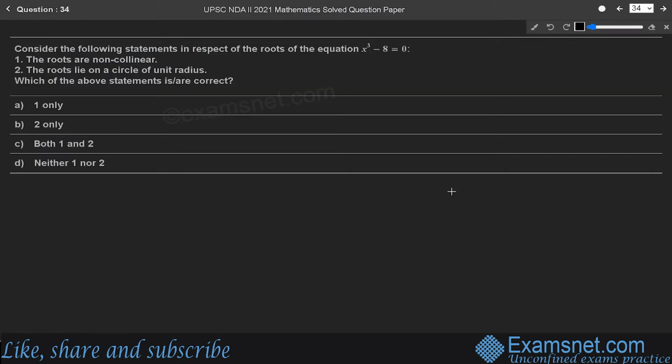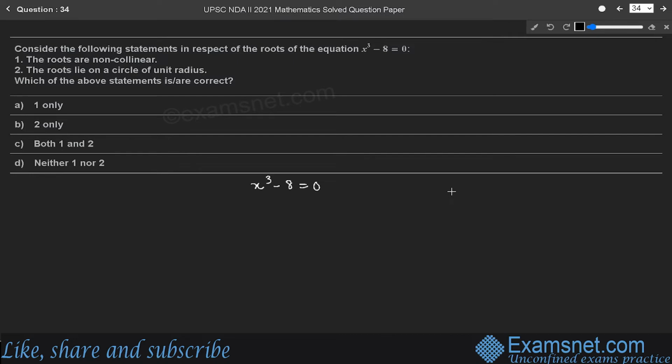Next question is, consider the following statements in respect of the roots of the equation x cube minus 8 is equal to 0. The statements are, first, the roots are non-collinear. Second statement is, the roots lie on the circle of unit radius. Which of the above statements are correct?